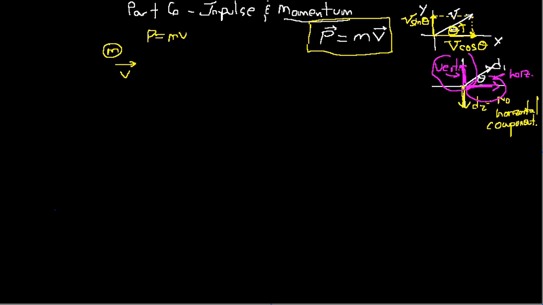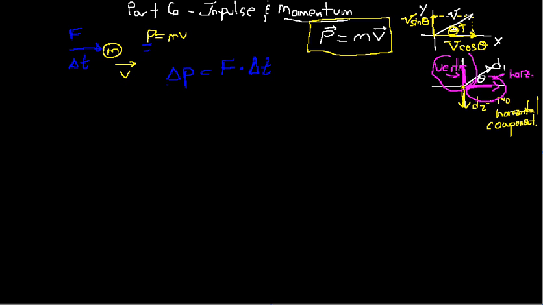If now some force F comes and pushes this object, some net force comes and acts on this object for a time duration delta t, then the momentum P will change. So the change in the momentum is going to be equal to the force that's applied times the time interval that the force is applied.